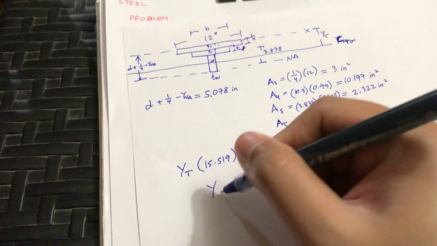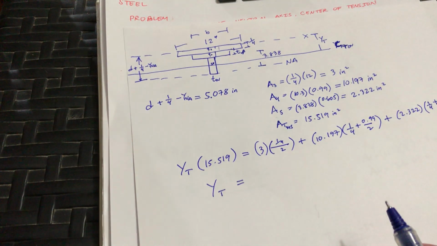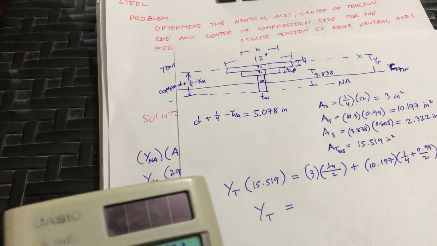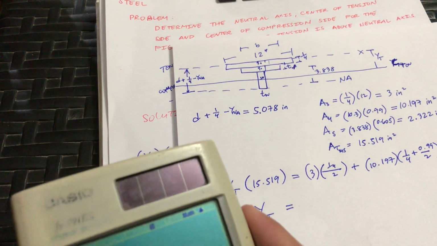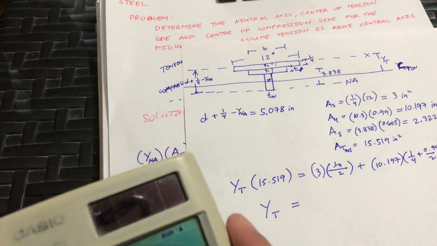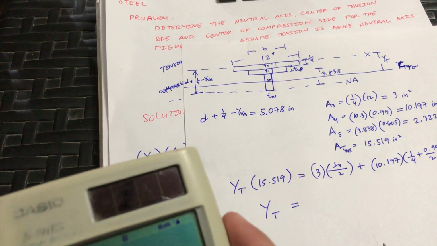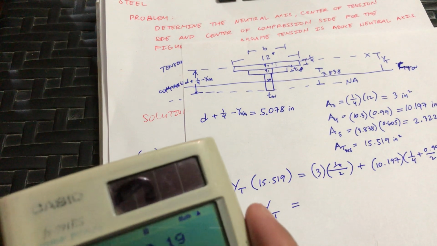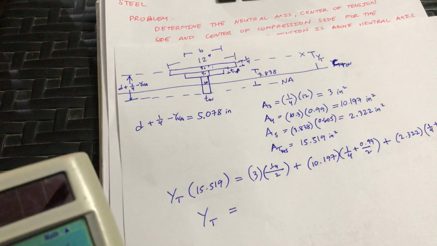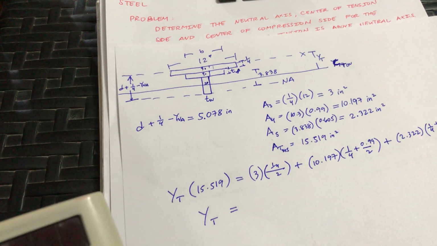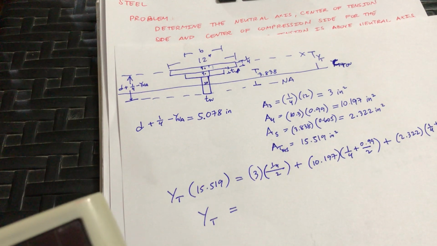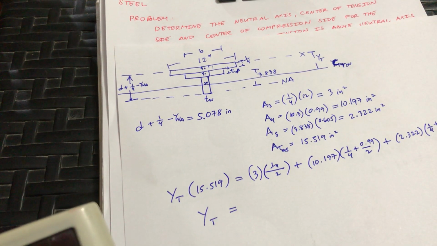We only have one unknown, YT. So this is 3 times 1/4 over 2, that is 1/8, plus 10.197 times 1/4 plus 0.99 all over 2.